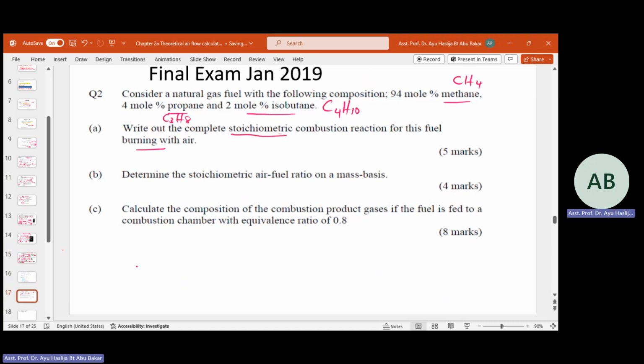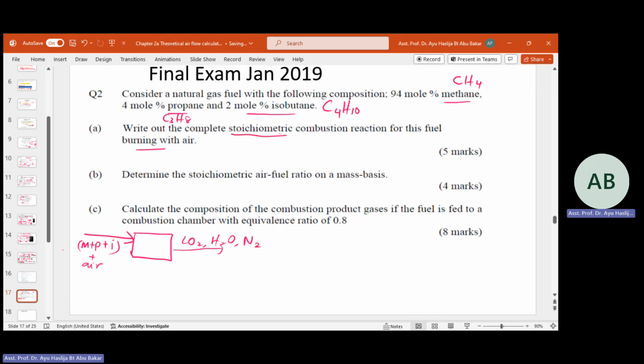So we know that dia punya process flow is the mixture of the fuel: methane plus propane plus isobutane, plus the air. Okay, so you have CO2, H2O, N2. Now it asks you to write the complete combustion.